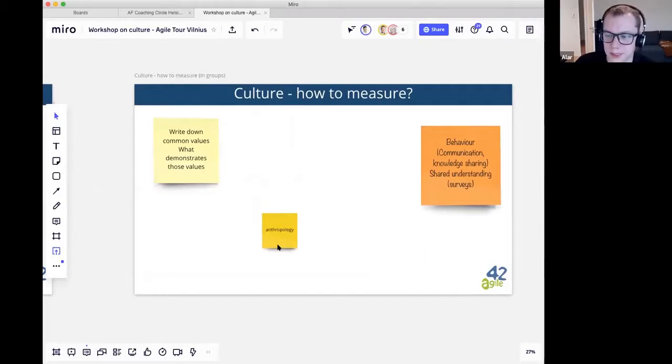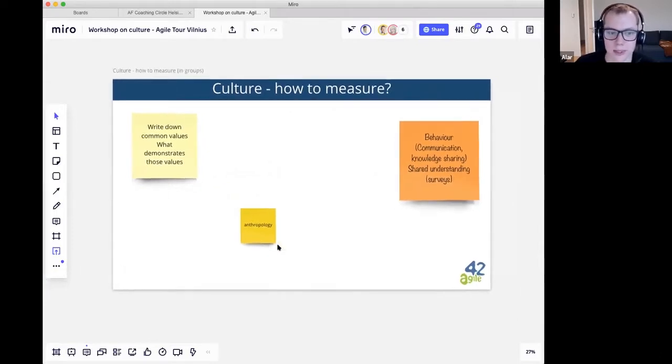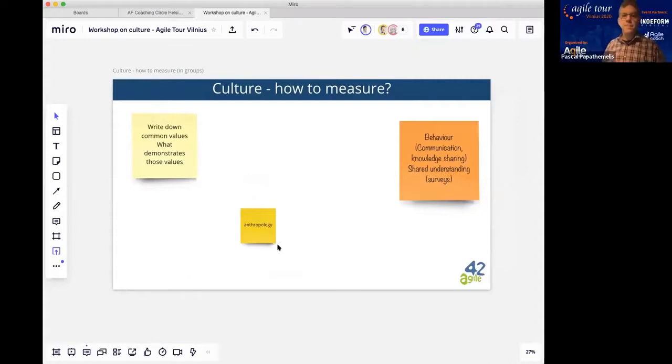So, about the measuring, we didn't come to any conclusions, but we know we should write down the common values and how to demonstrate those values, and then assess based on that. You can't just measure values or mindset.